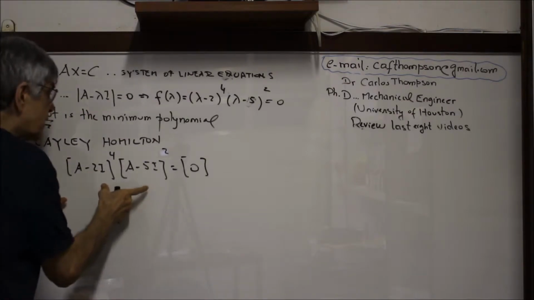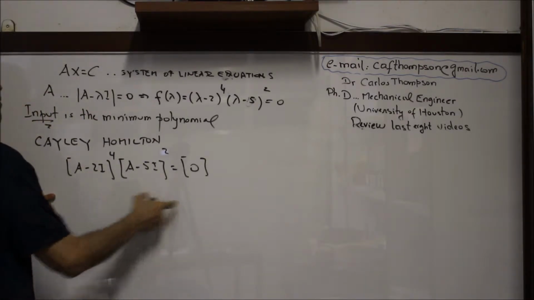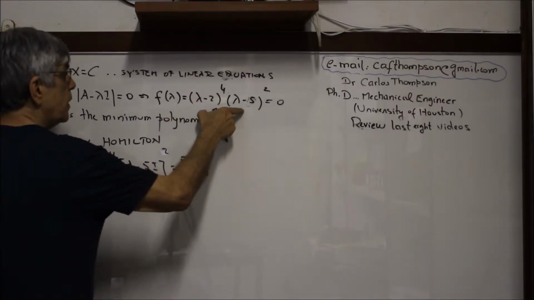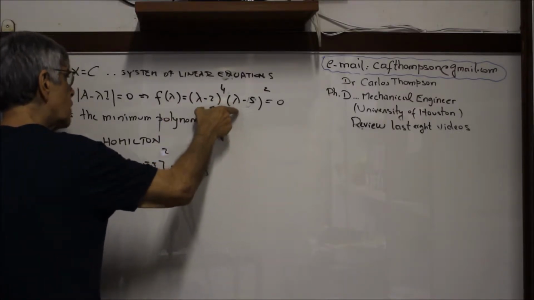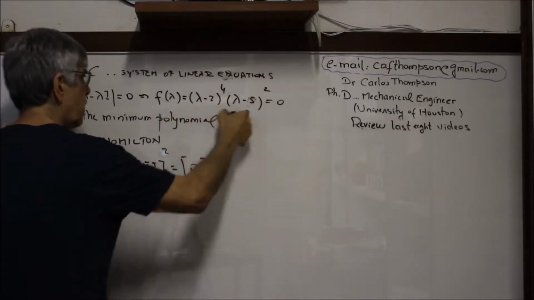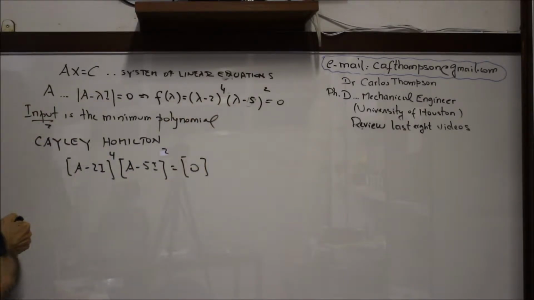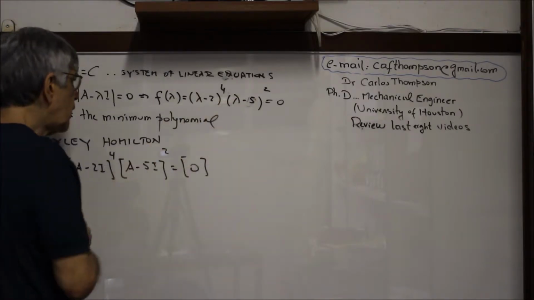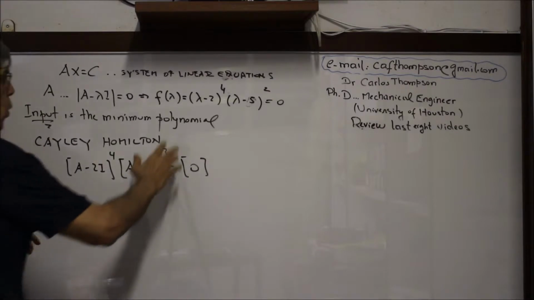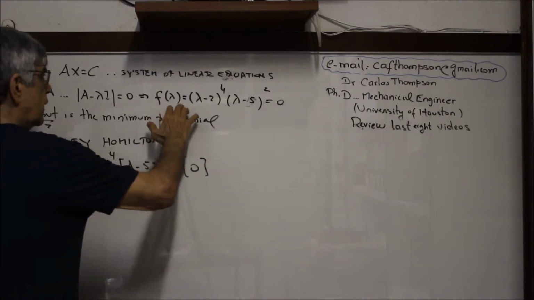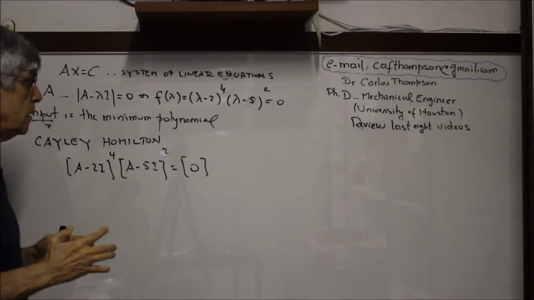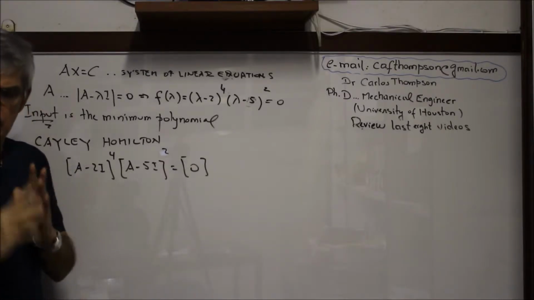This didn't come from the minimum polynomial; this came from this input. F of lambda, the characteristic polynomial, is also input. So we know the characteristic polynomial and we know one minimum polynomial.